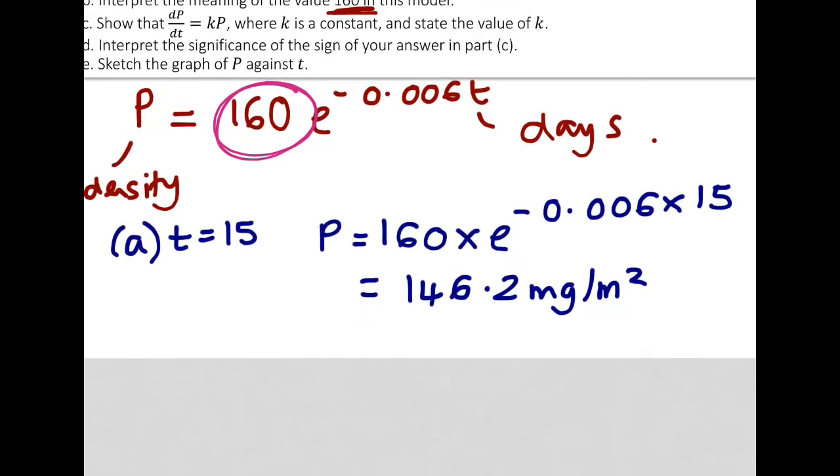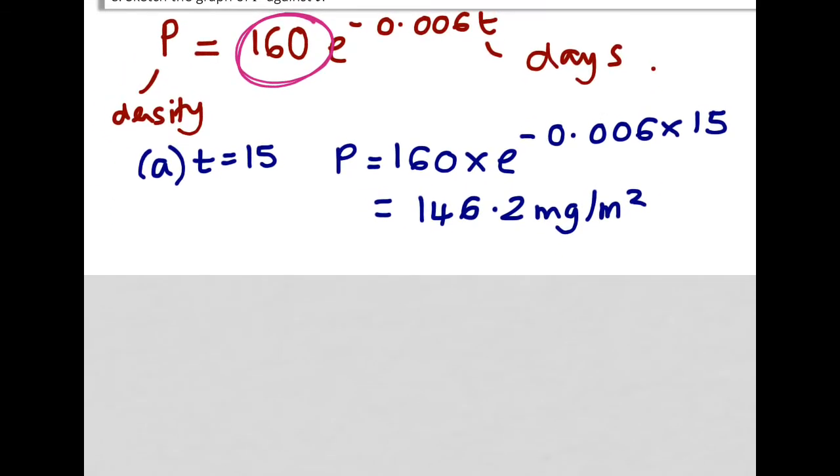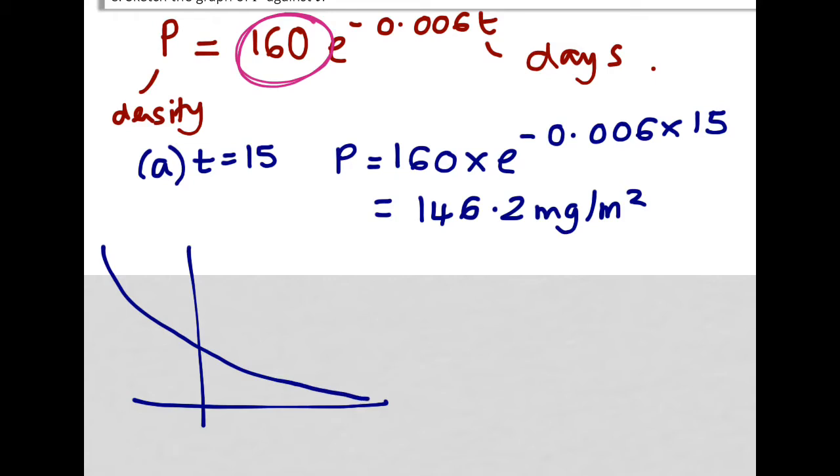So I'm going to just draw a quick exponential graph down here. And this is a negative exponential graph, so immediately I know that I'm looking at a graph that's going to go like this. Can you remember what that point there is? Well, for this graph, remember this would be T, and this would be P. And that point there, where it intersects the p-axis, is when t is 0.